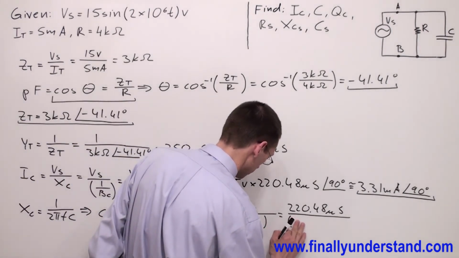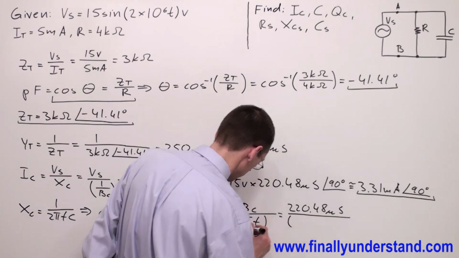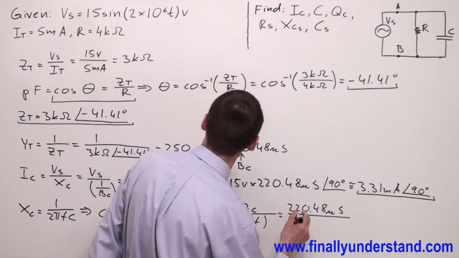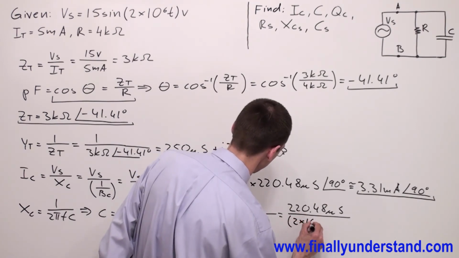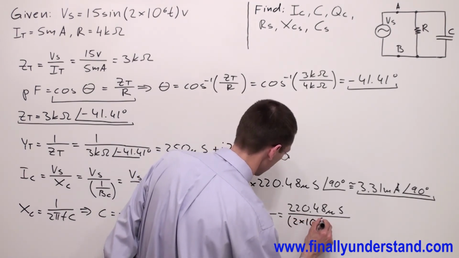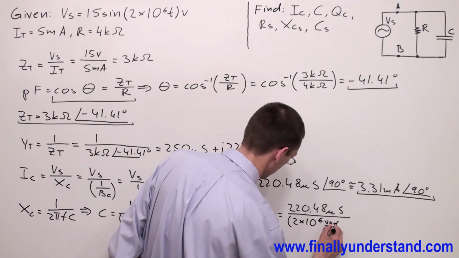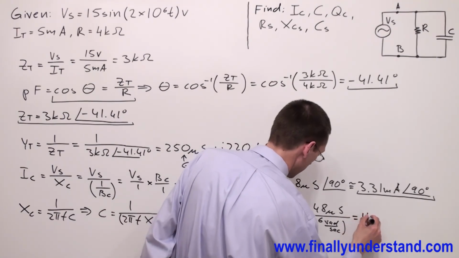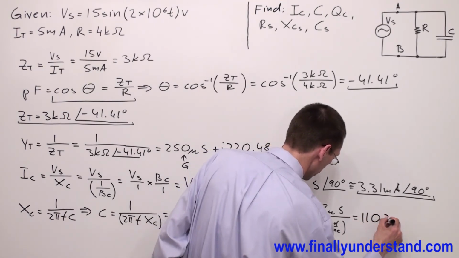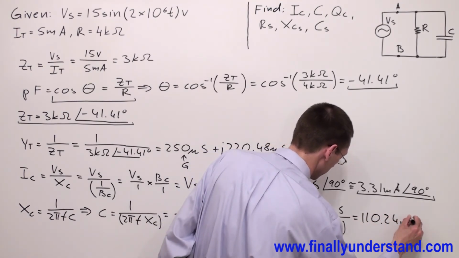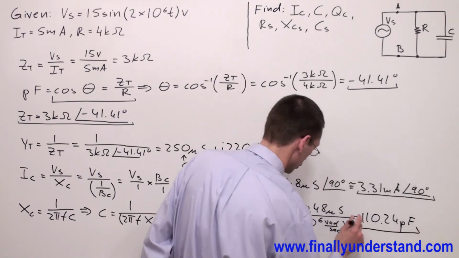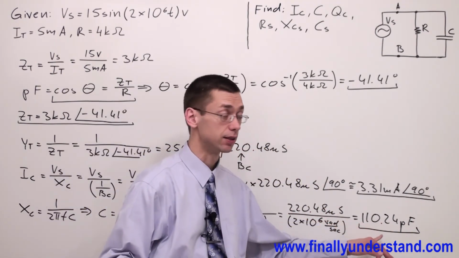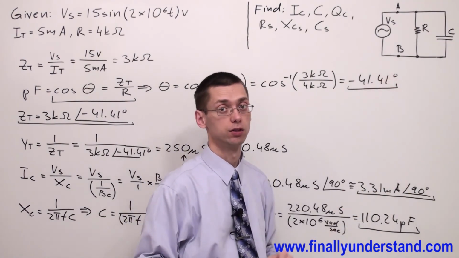So we're supposed to write over here omega, okay? 2 pi f is nothing else, just omega. And this is equal to 2 times 10 to the 6, of course, radians per second. This is equal to 110.24 picofarads. So this is the value, right, of the capacitance in the parallel circuit.